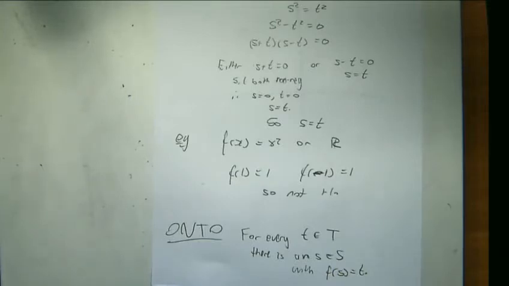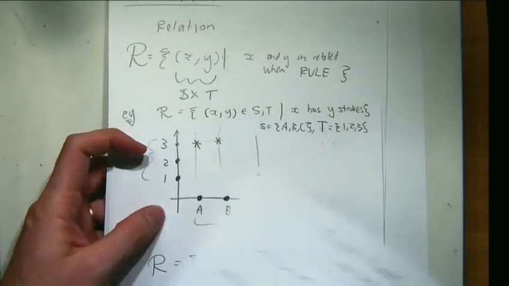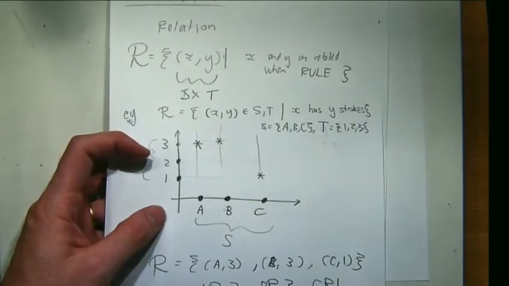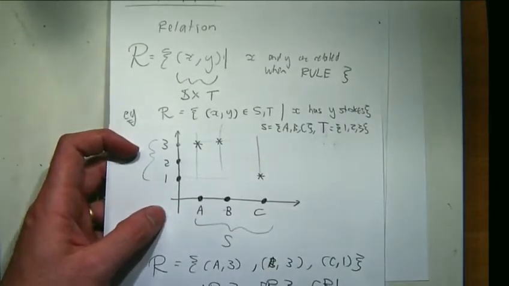So my original relation, which was a function that I drew, isn't onto because it doesn't cover 2. There is no ABC that produces the answer 2, and so it's not onto.